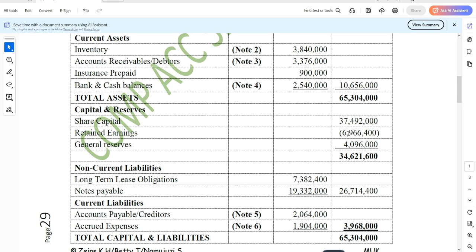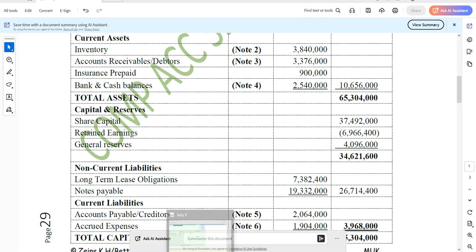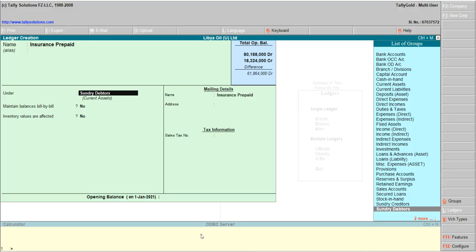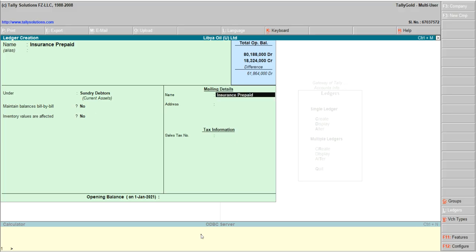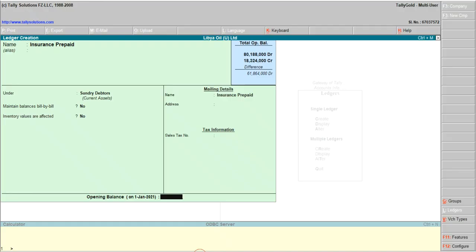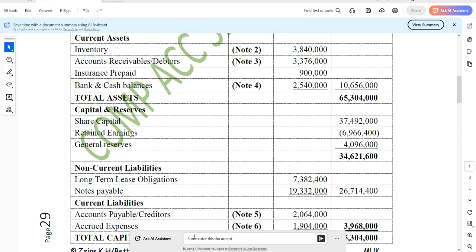Next item is insurance prepaid, which is a current asset. Insurance is 900,000, debit balance.